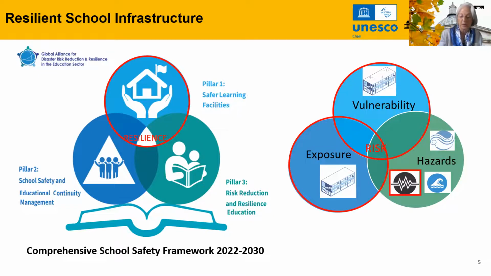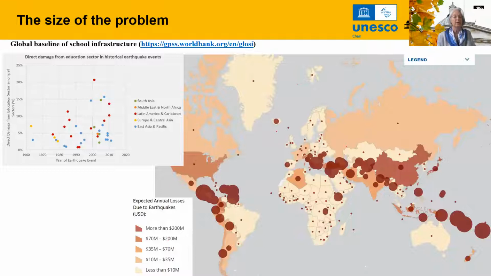In order to pursue that, here is a little bit of the size of the problem. What we see here is a map of the world, and the larger the blocks, the higher the losses in terms of damage and loss of life with respect to the school sector.